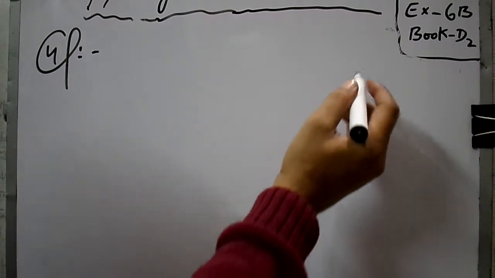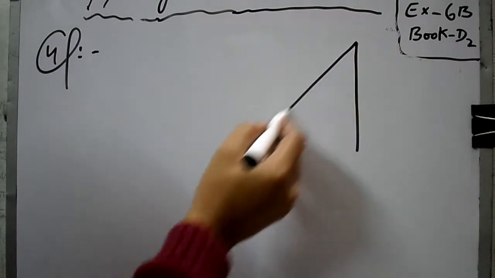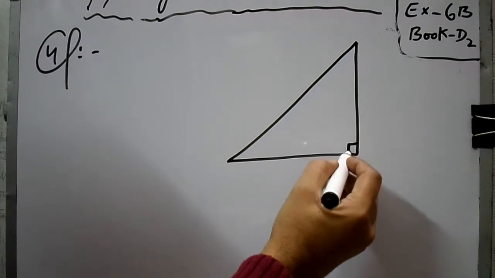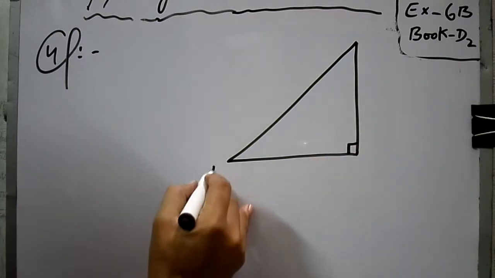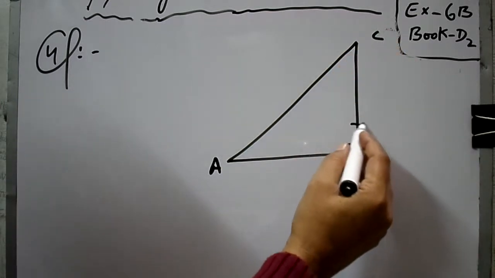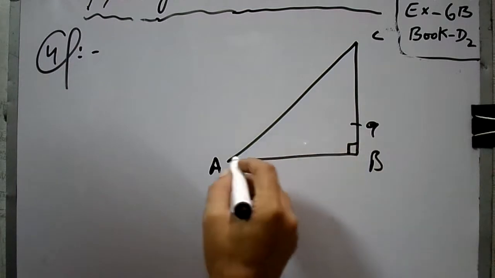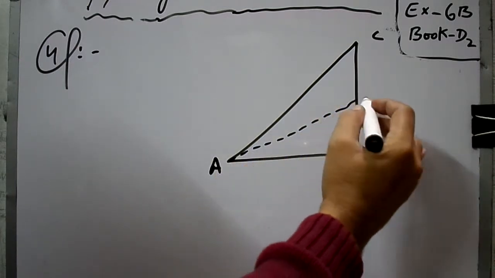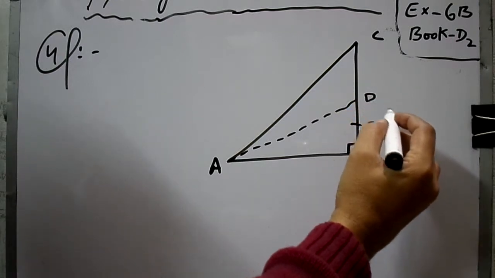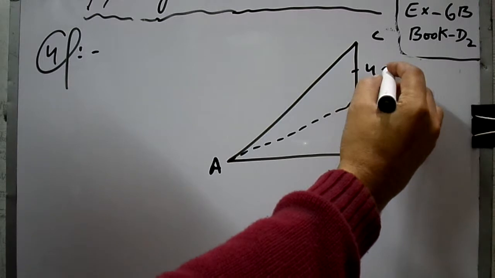Here you can see your triangle having a 90 degree angle, so it means that is A, B and C. That portion is 9 meter. Another point is known as D point, which is equal to 9 meter, and that portion CD is equal to 4 meter.